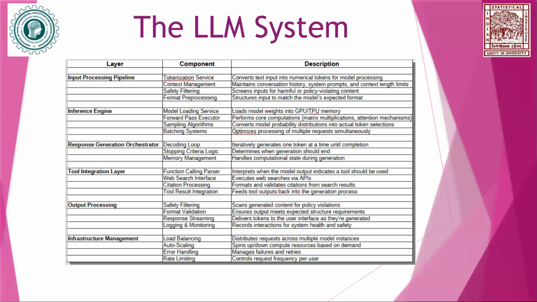As I said, it's not just the inference engine. Even before the inference is done, there are so many other things, like context management and safety filtering, that need to be done. So the inference engine is very loaded, and the so-called forward pass is executed. That's the technical term for how the model generates its output. Then there are various sampling algorithms, and you may have heard about things like temperature and others that make a model more deterministic or more creative.